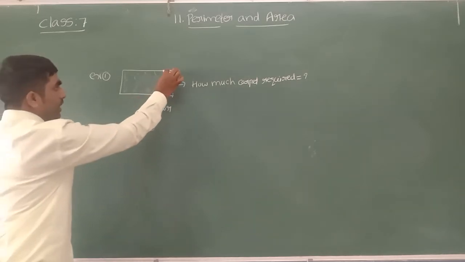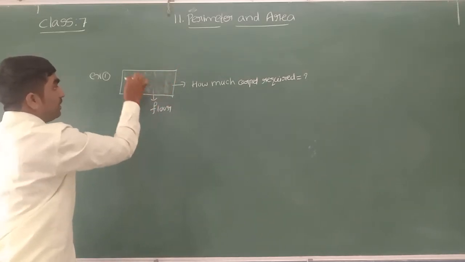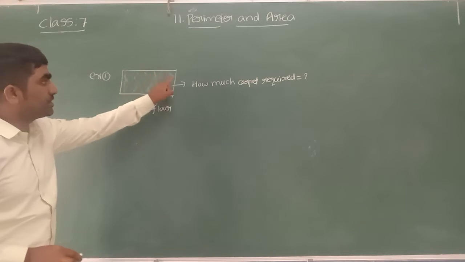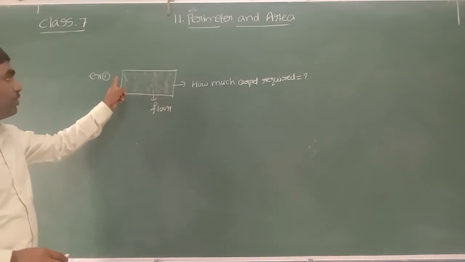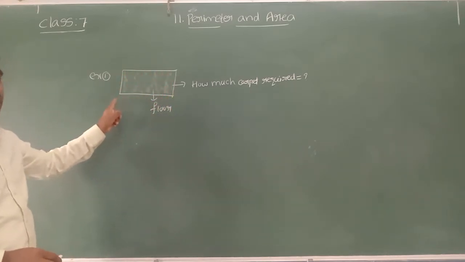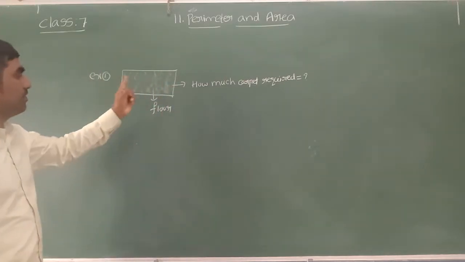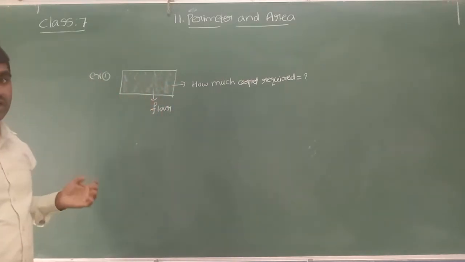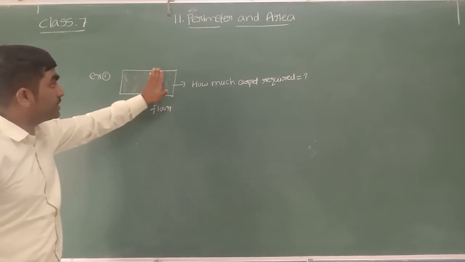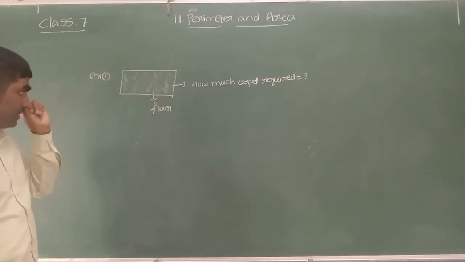To know the required carpet, it's enough to find the inside place of this closed figure. If you know the inside place of the closed figure, that much carpet we can purchase and cover this floor. What do we call the inside place of this closed figure?